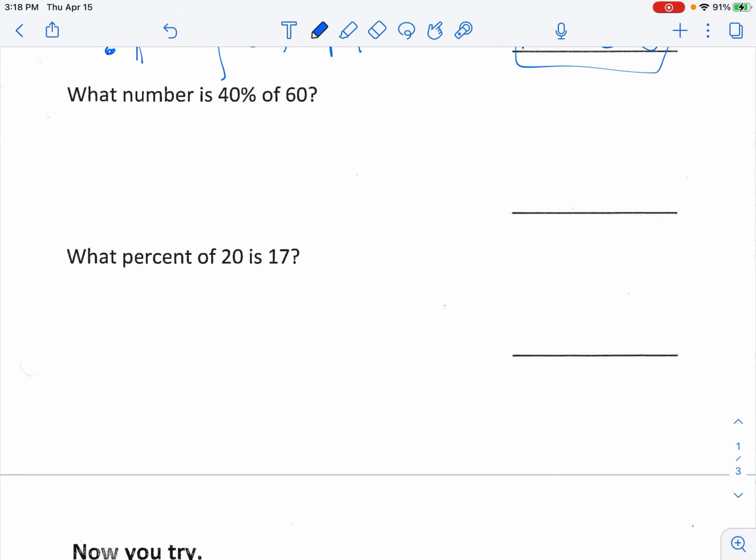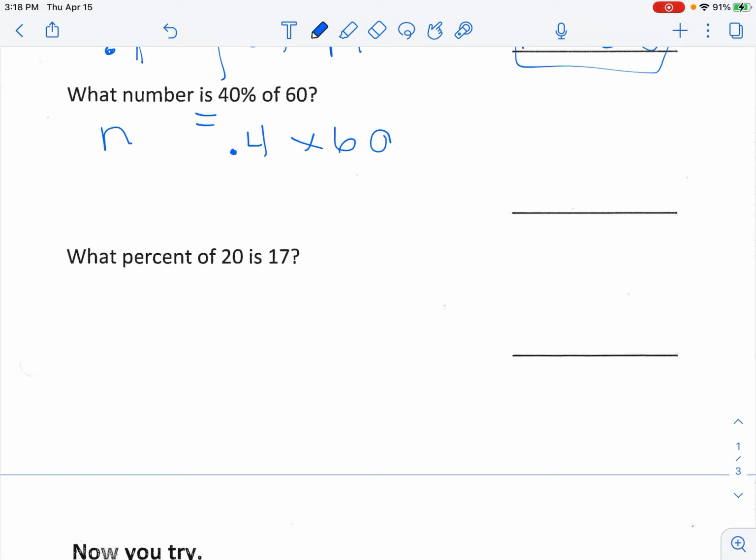All right, so what number, that's your n, is your equal sign. Immediately turn the percent into a decimal. 40% is 0.4 of 60 times 60. Of means times.